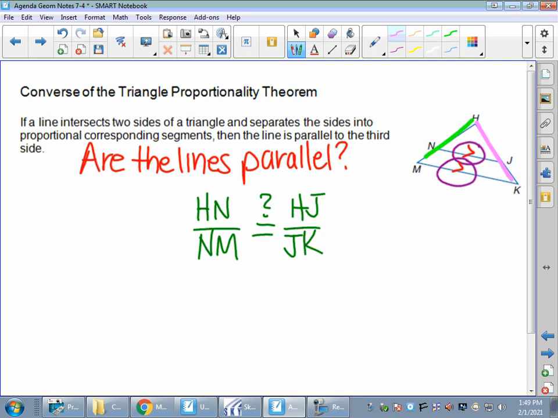If those two come out to be equal when you cross multiply or check, however you're going to check those, then you'd say, yes, the lines are parallel. If you got two different values when you cross multiply, then nope, NJ is not parallel to MK. So it's the same setup, it's just asking the question slightly backwards.